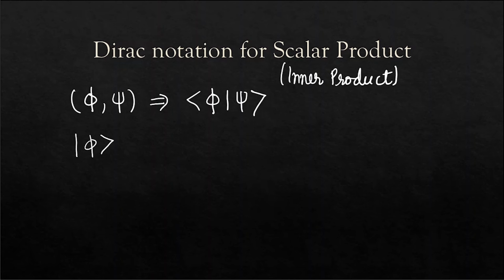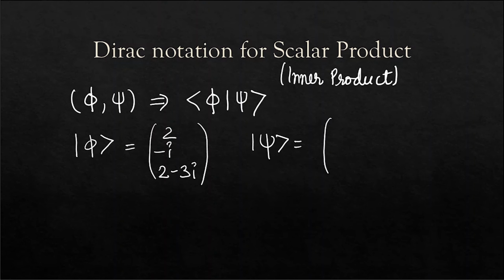Let's take an example of how to find the scalar product. Let phi be the state represented by this vector, 2 minus iota, and then psi state is represented by minus 3 iota, 2 plus iota and 4.